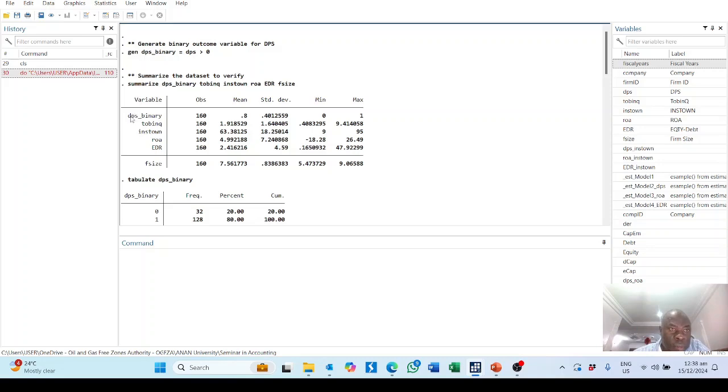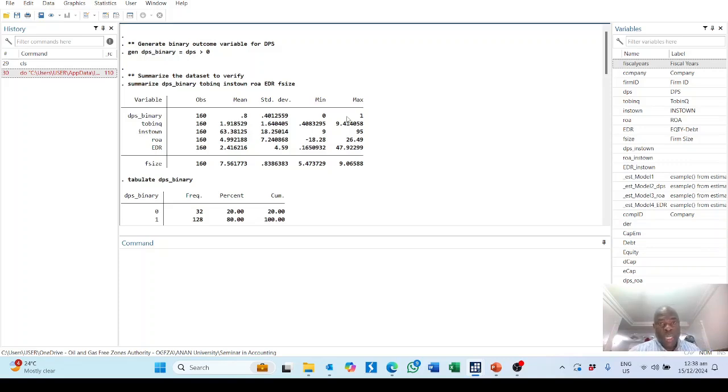You can see that dividend payout binary has 160 observations, and it has a mean value of 0.8 and a minimum value of 0 and maximum value of 1, obviously, because it's a binary outcome.